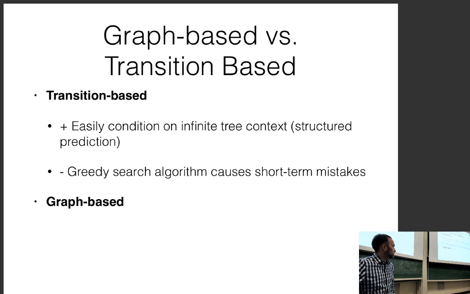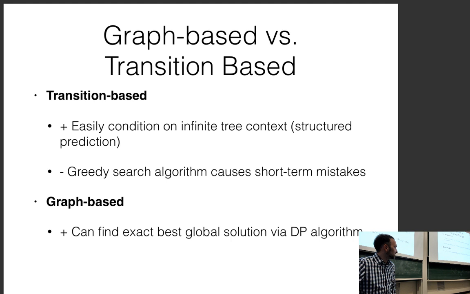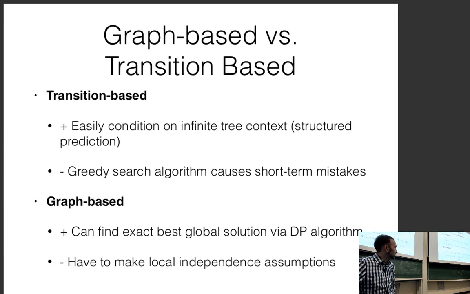So graph-based algorithms, on the other hand, find the exact best global solution using some sort of dynamic programming algorithm. But in order to do this, they have to make local independence assumptions. So just like we made local independence assumptions for the CRF, where we only condition tags on the left and right tag, they have to make similar assumptions.